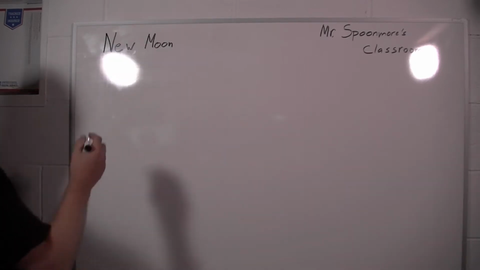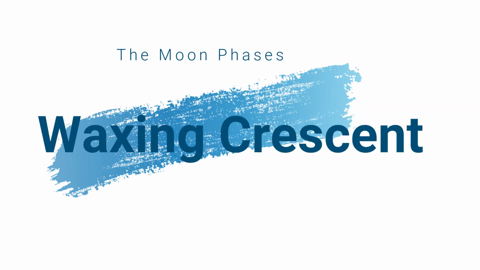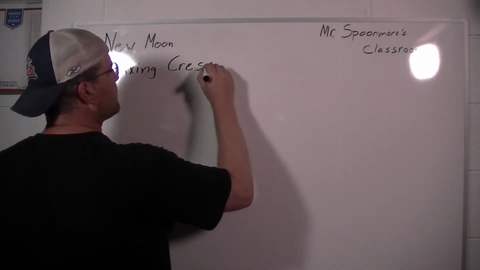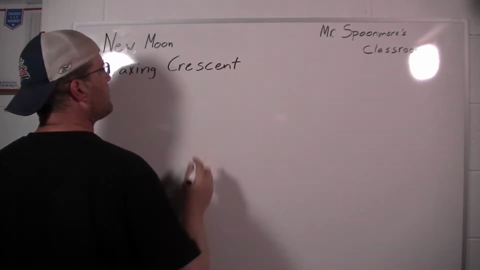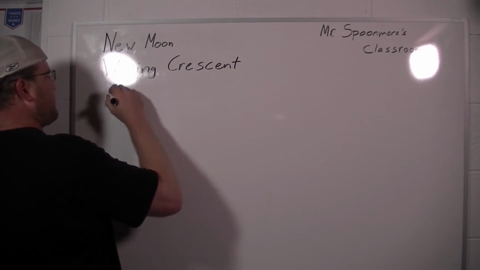The next term we have is waxing crescent. After that, we have a first quarter.